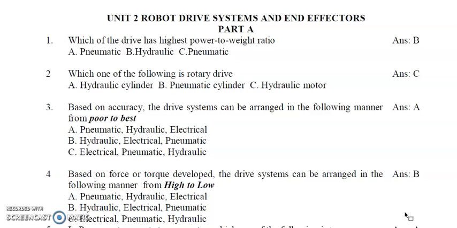The answer is A. When considering poor to best, the pneumatic drives have poor accuracy, hydraulic drives have better accuracy than the pneumatics, and electrical drives have better accuracy than the hydraulics. So we consider the electrical drive system as the best. Pneumatic, hydraulic, electrical, that is the right answer. Answer A.